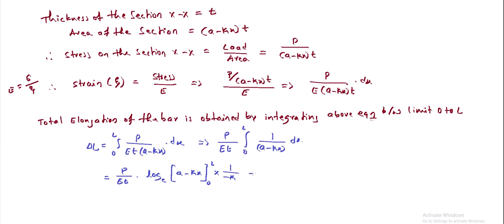Now I will take this minus sign over here, to this minus P by E, T and K. I have taken this K to this part just for simplification purposes. What is left is log to the base e A minus log to the base e Kx, from 0 to L. This is what we need to take down.